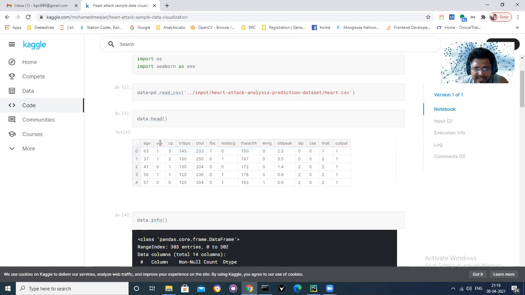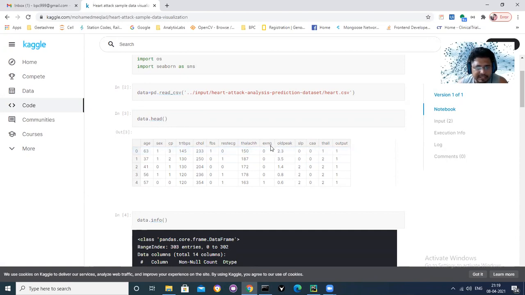So I have age, sex, CP, I don't know what it is. This is, I think, beats per second, cholesterol, fasting blood sugar, ECG, something. As you can see, the column names are not very explanatory, right?